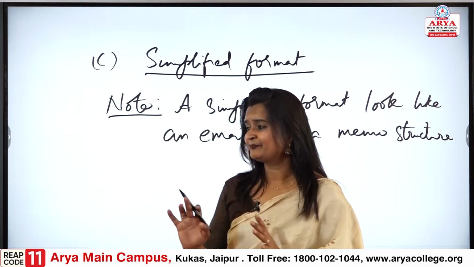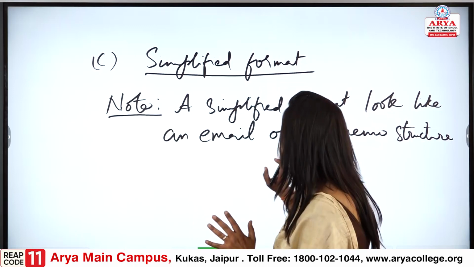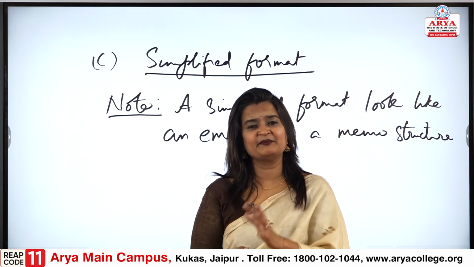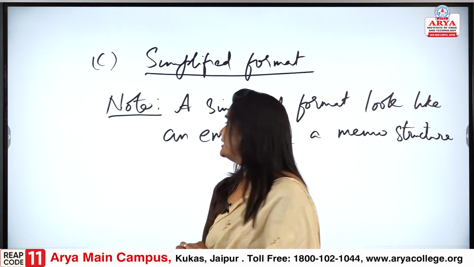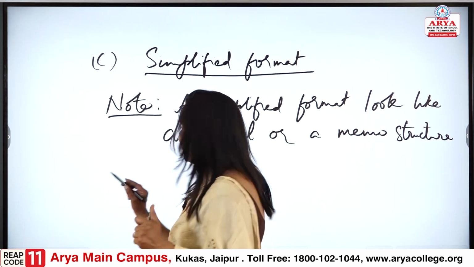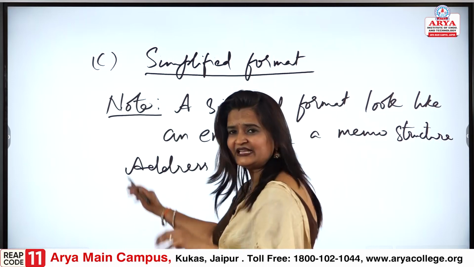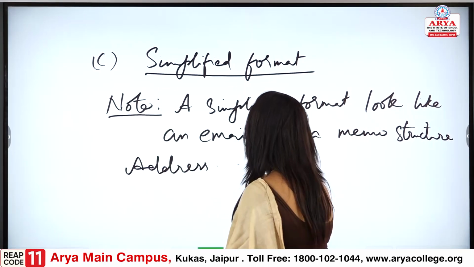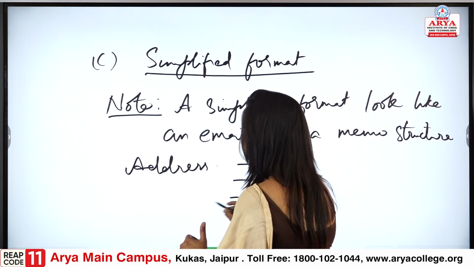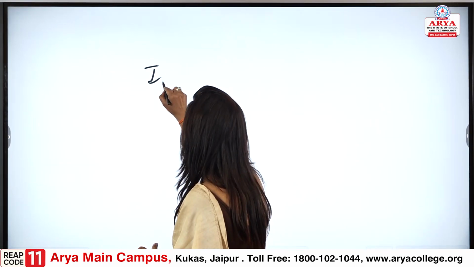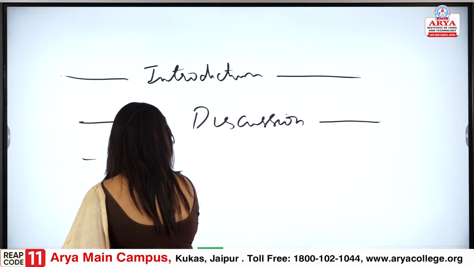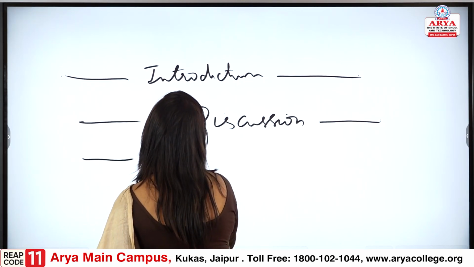Simplified format is like an email or a memo structure, the memo that we share. Fine. So, again let us see how this formatting would be. Like the address we would write, the sender, receiver, everything goes in a line, same pattern. Fine. Then you will have the introduction, the main discussion, and we will end it with a conclusion.